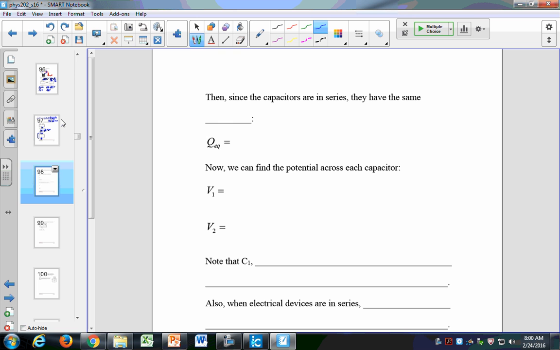Since the capacitors are in series, they have the same charge. Not only the same charge, but also the same charge as the equivalent. All right, so my Q equivalent, that is the charge on my equivalent capacitor, is going to equal C equivalent times the voltage.